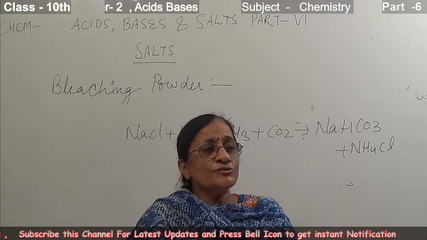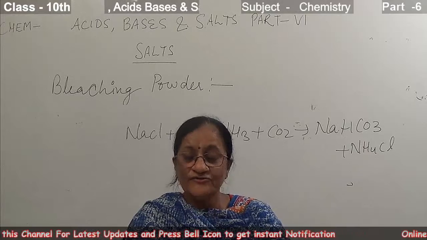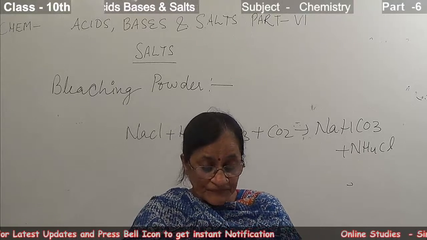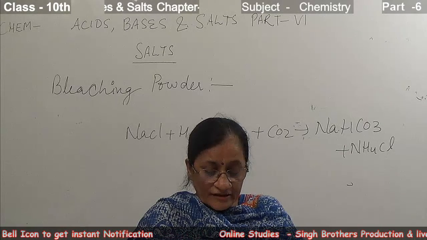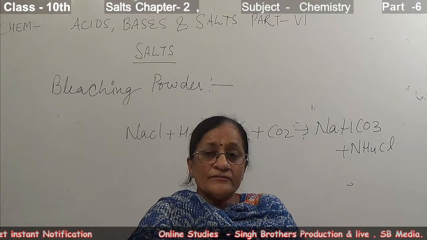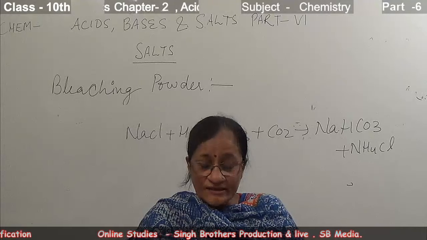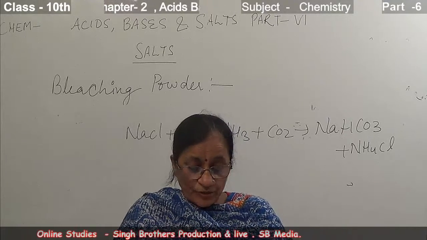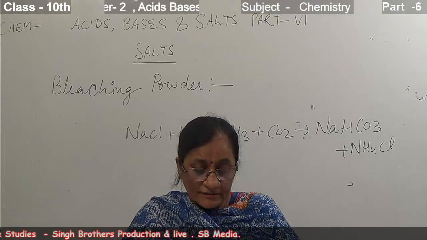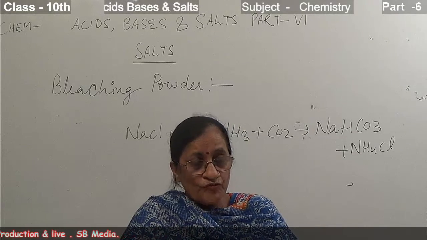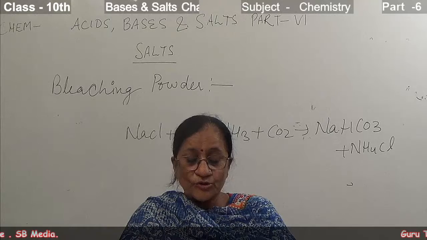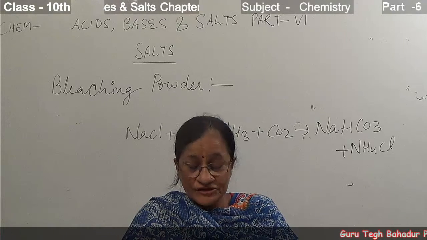Besides that, it is used in soda acid fire extinguishers. The soda acid fire extinguisher contains it, and when the acid present in that reacts with this baking soda, it gives CO2 quickly, and this CO2 helps to extinguish fire.